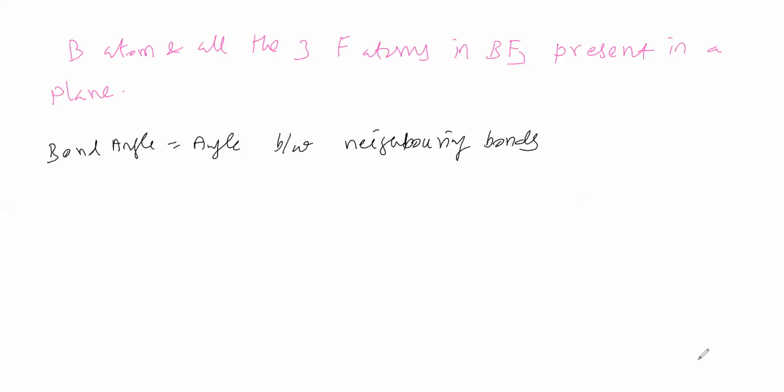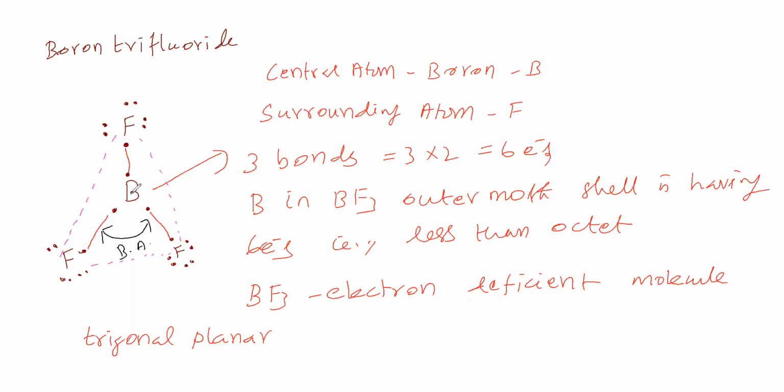Now in this molecule we are seeing the bond angle. Bond angle means you have to take neighboring bonds; the angle formed between neighboring bonds is called the bond angle. So what is the bond angle for BF3? 120 degree.